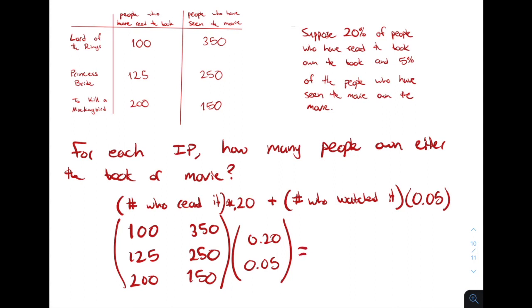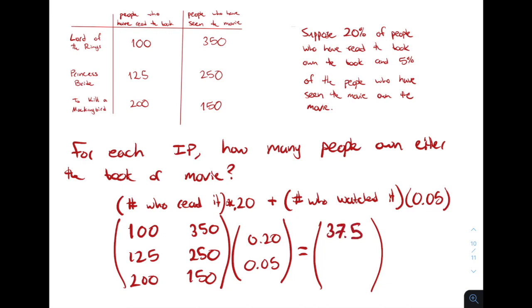If we were to go through this process, the thing that lives in this first entry would correspond to the number of people that have read Lord of the Rings, so 100, times the percent of people who own a book after reading it, which is 0.2, and we would add the number of people who have watched Lord of the Rings, which is 350, multiplied by the 0.05, which is exactly how we would answer our question.